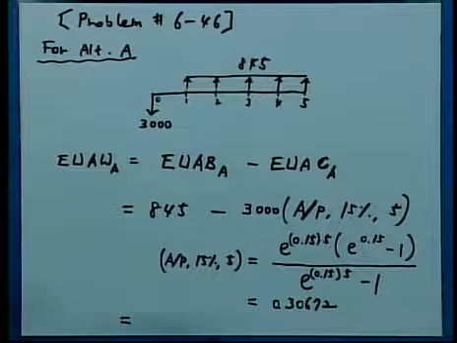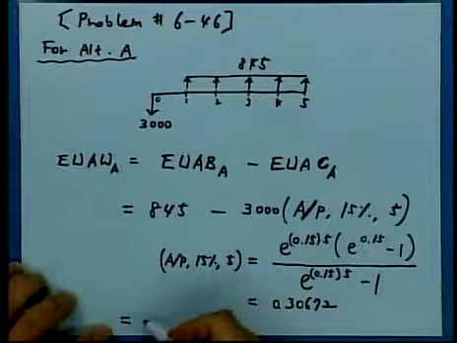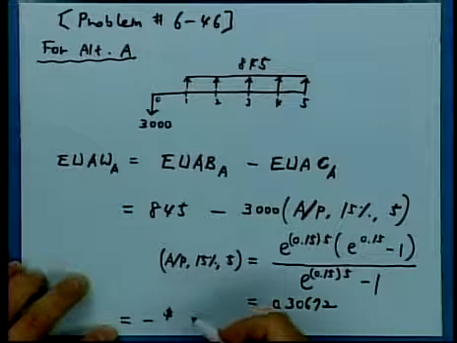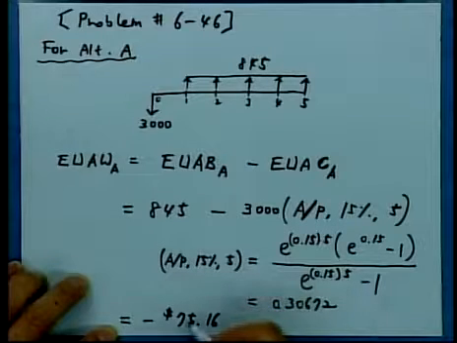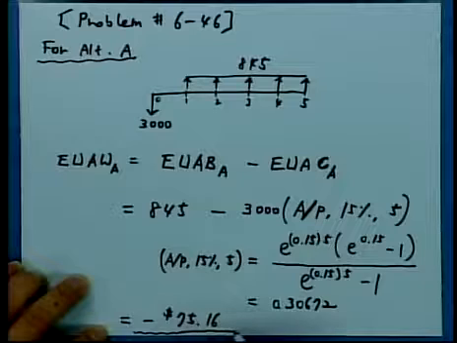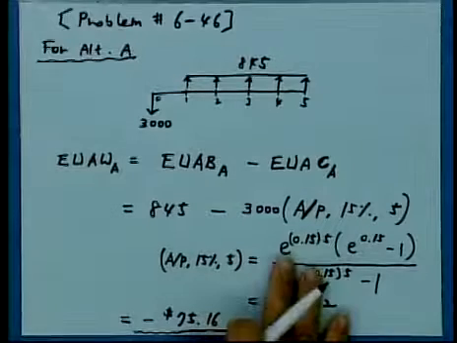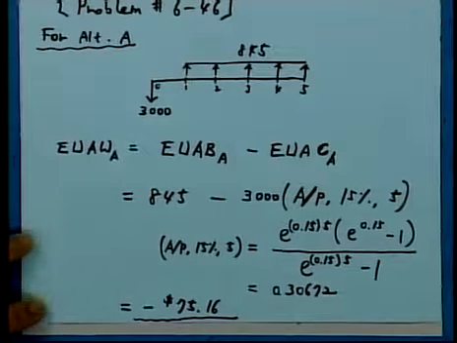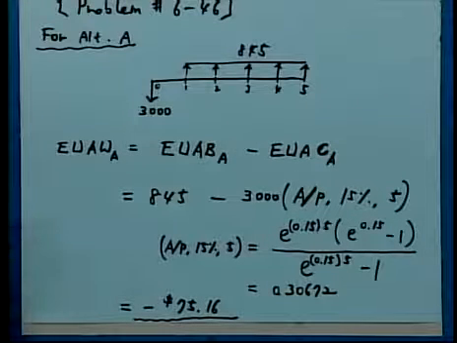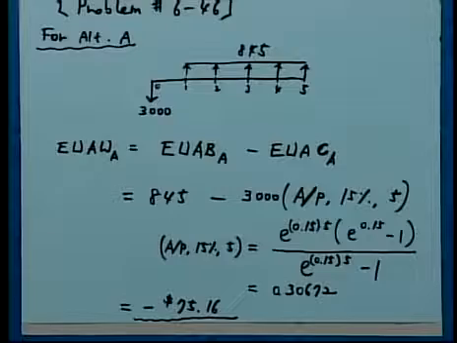So we have a negative number here, negative $75.16. That is the equivalent uniform annual worth for alternative A.